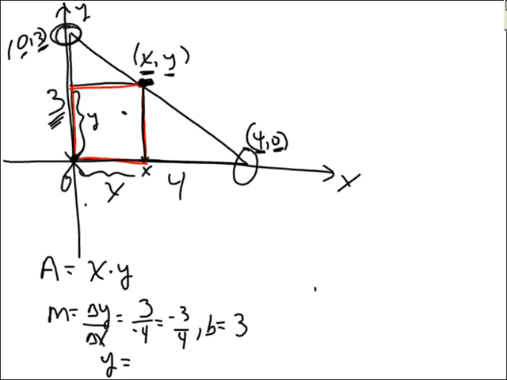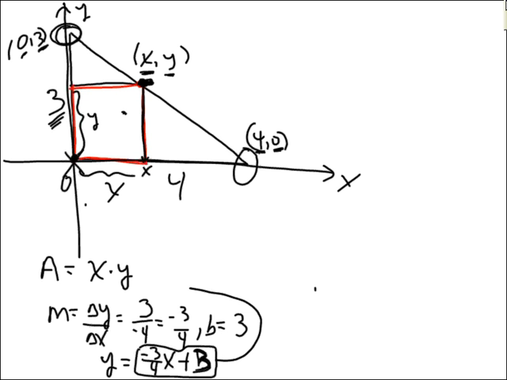y is equal to mx plus b. But excuse me, b is 3. So there's the equation of the line: y is equal to -3/4 x plus 3. Oh, this is another way of writing y.